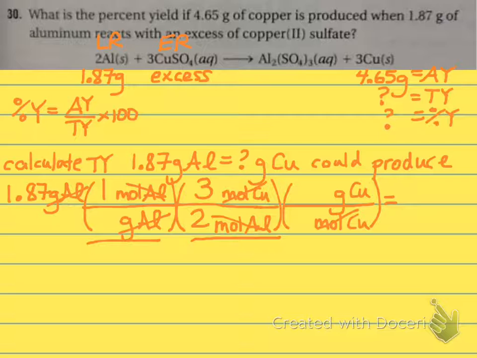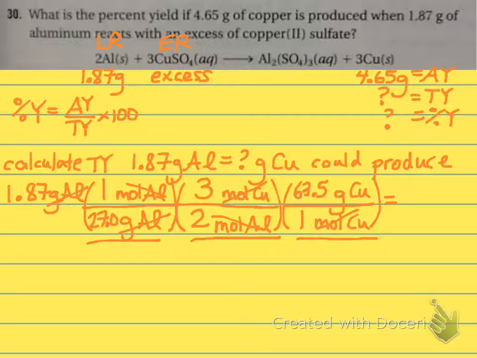So aluminum is 26.982, and I'm going to say it's 27.0. Again, in this molar mass it's a 1 for our moles of copper, and copper is 63.546, so I'm going to use 63.5. I want to make sure I'm using at least 3 significant figures.